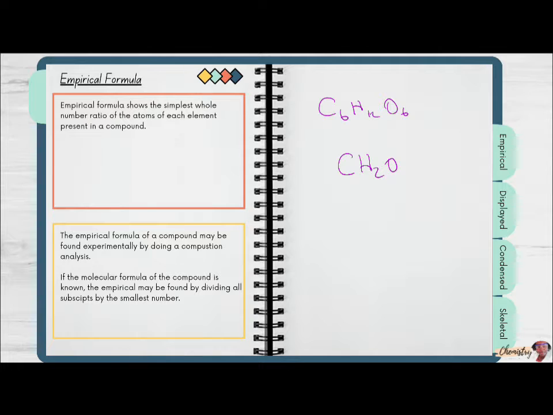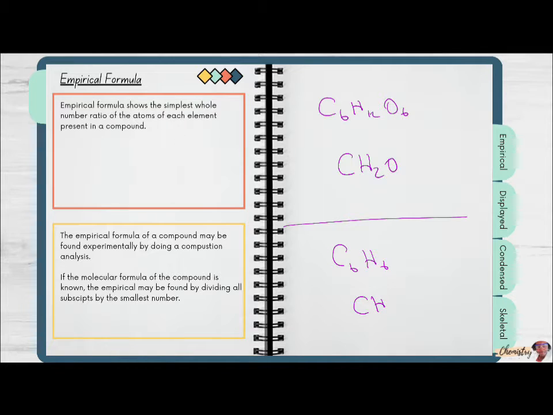Empirical formulas are important if you just want a quick glance of what elements are present in the formula. Let's do another one. On the previous slide, you'd have seen a compound benzene, which has the molecular formula C6H6. The empirical formula therefore must be CH.